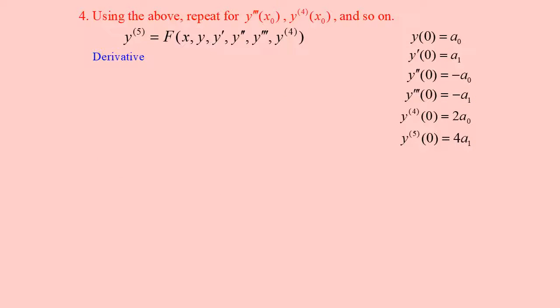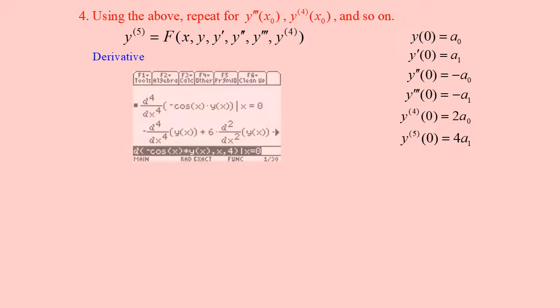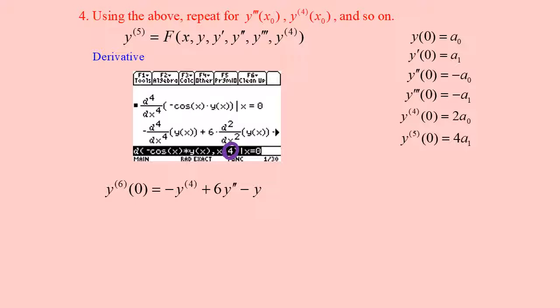Now the neat thing about doing this on the Ch30 is we can take what we just typed, change the 3 to a 4, and we've got the answer. Substitute our values and simplify.